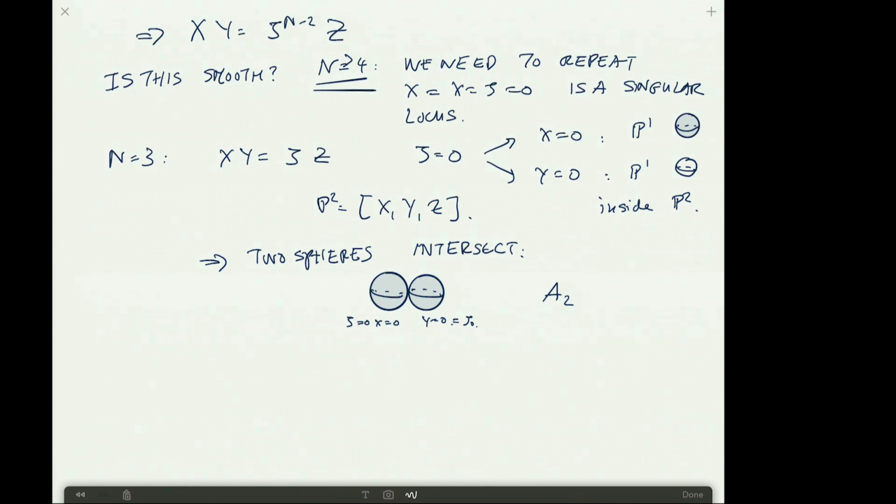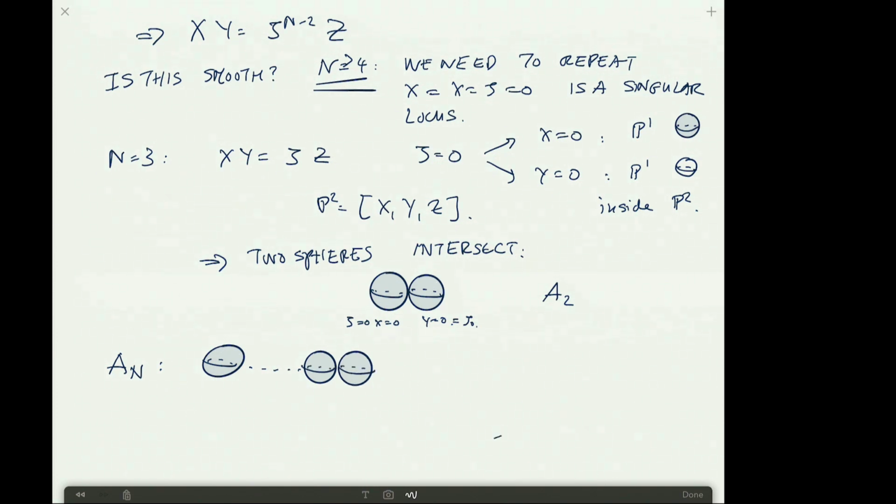With every blow-up, there's a new projective space that we're inserting, and looking at what type of geometries these have, they're actually given by spheres. And for the A type, so for AN, we will get n such spheres, which each intersect in the Dynkin diagram for AN.